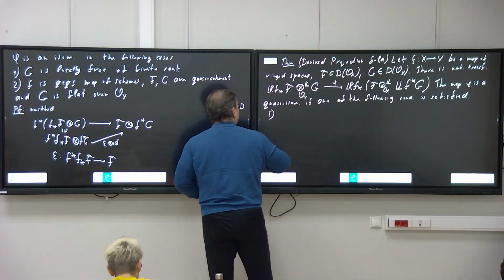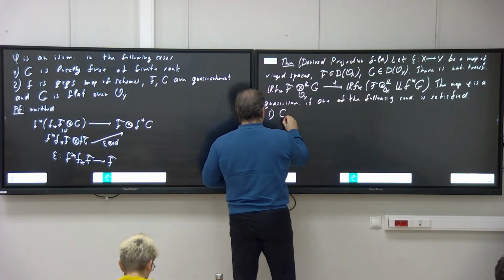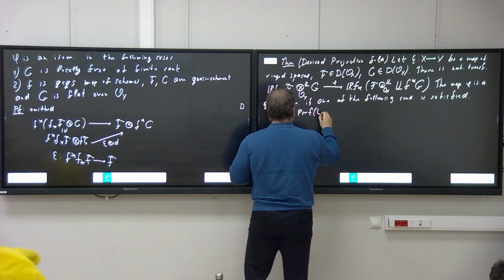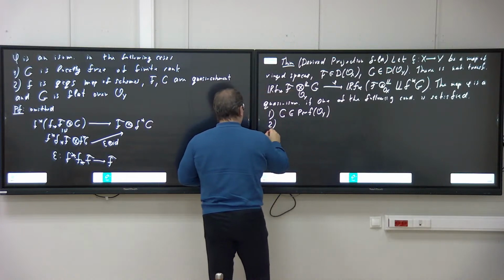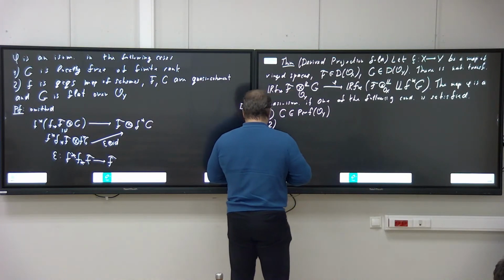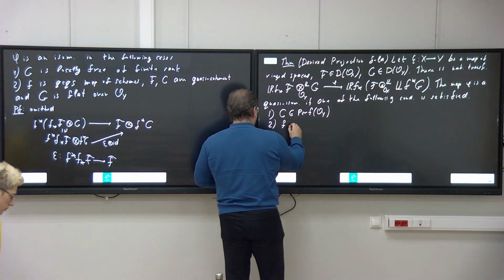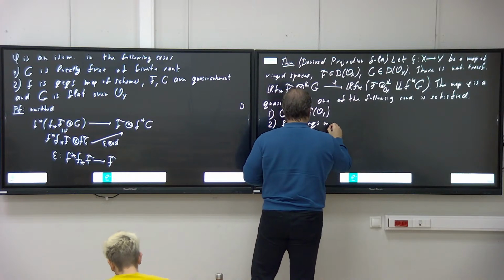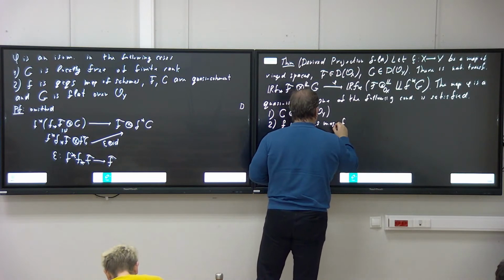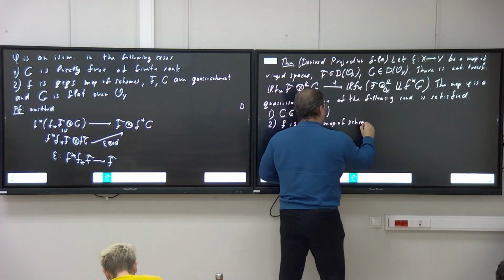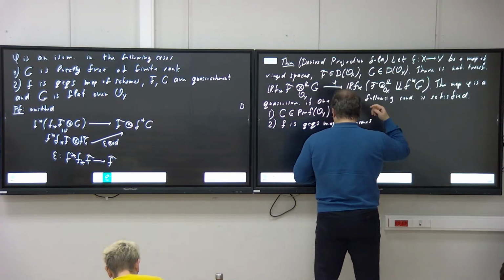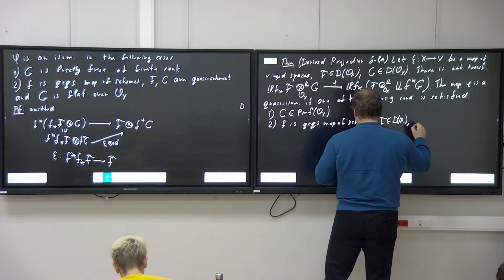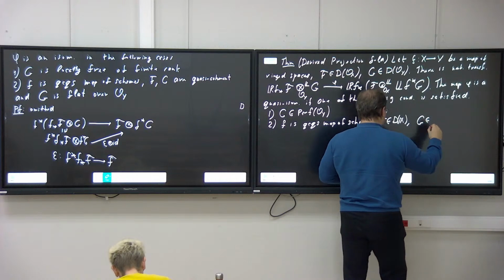So the first condition is kind of an analog of the previous one: G is perfect over Y. And the second condition is f is a quasi-compact, quasi-separated map of schemes, and F has quasi-coherent cohomology and G has quasi-coherent cohomology.